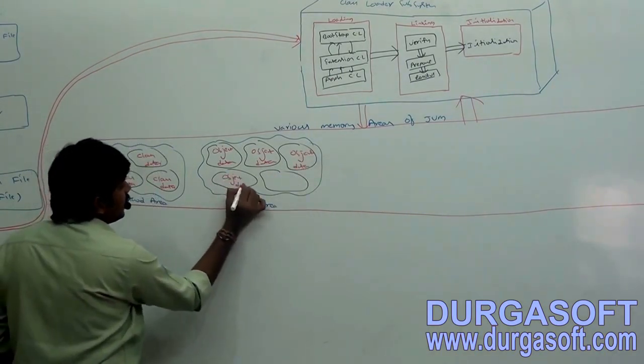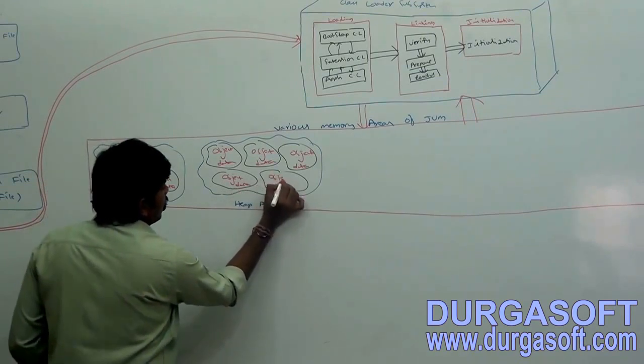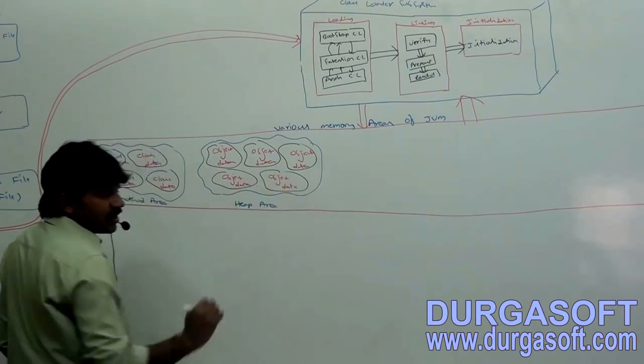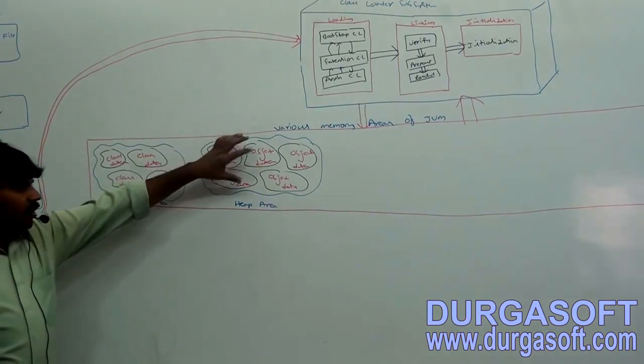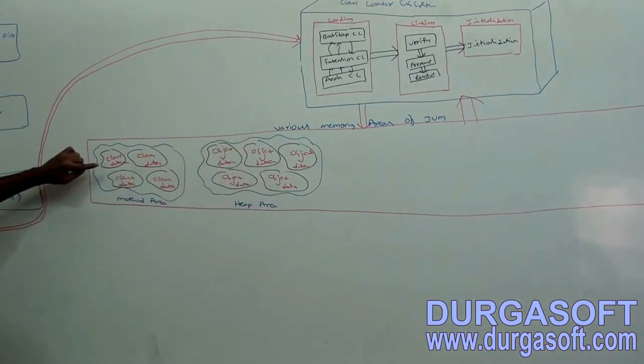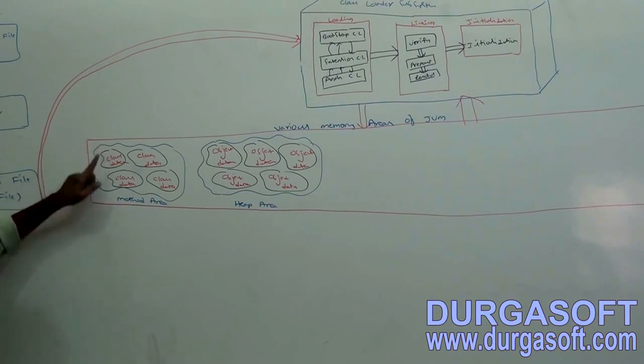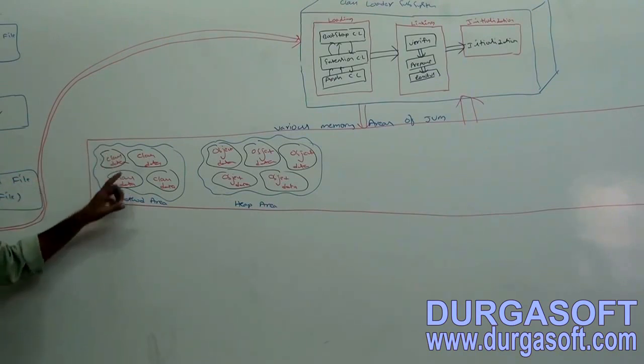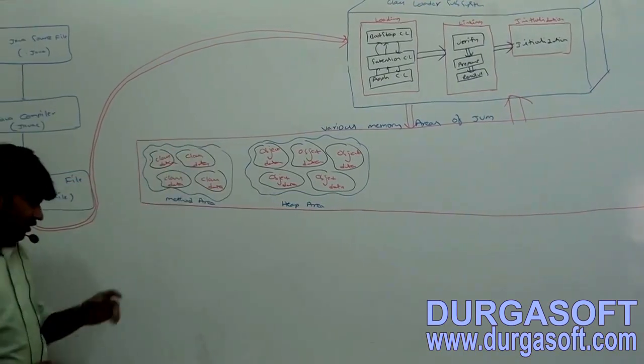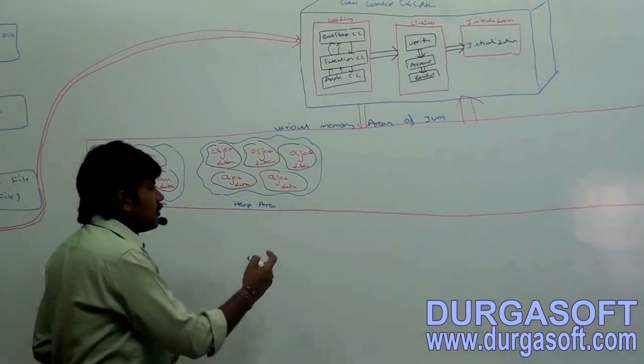I hope you are aware of instance variables. And after the .class file is dumped into the method area, of course the corresponding static variables also will be saved here.